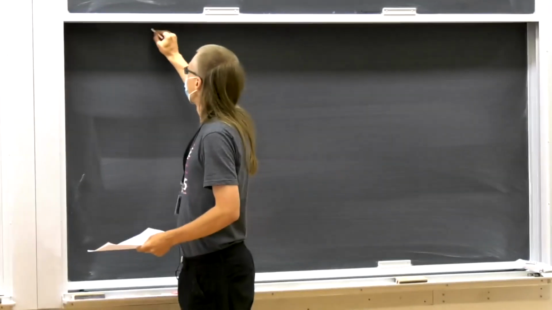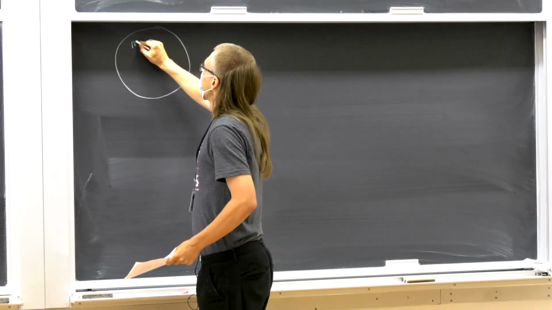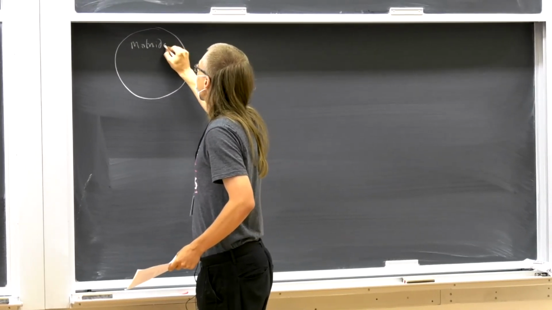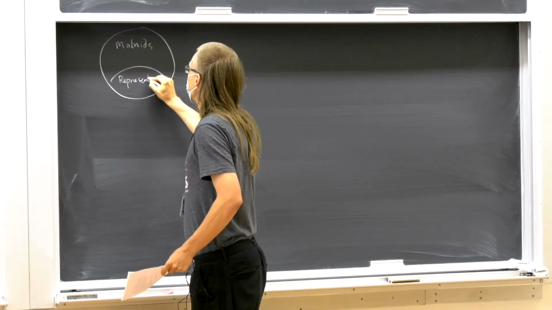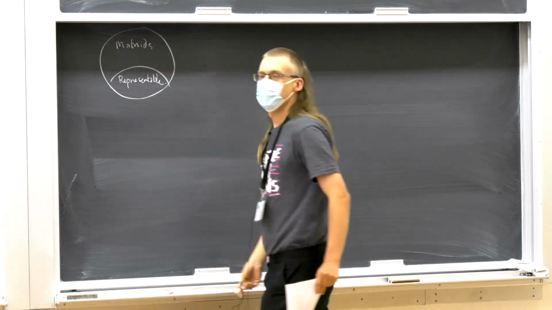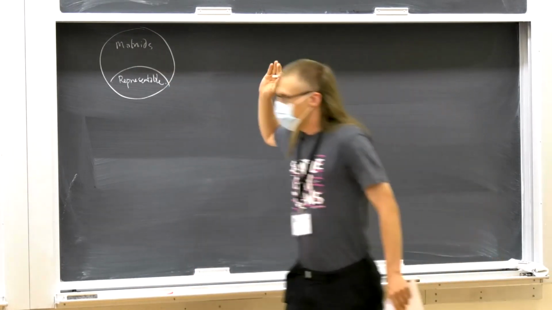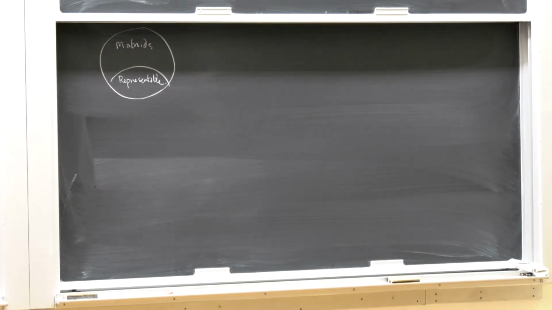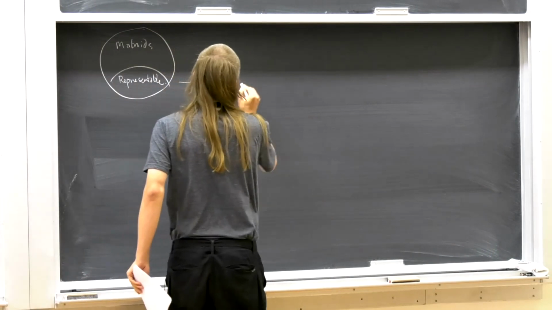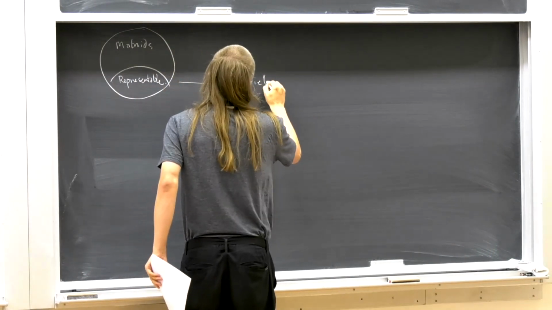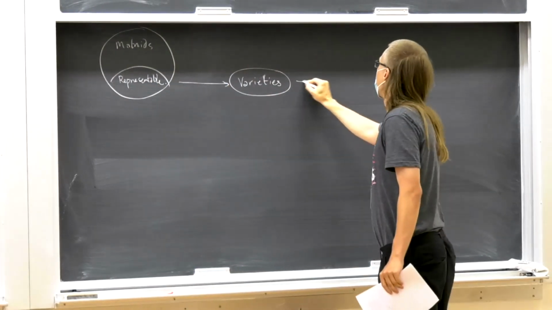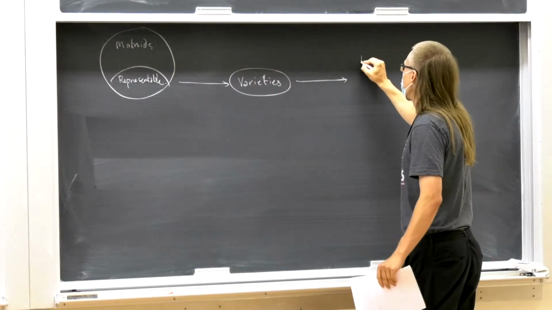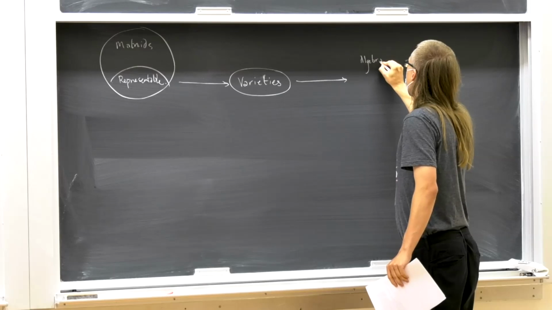So we have, okay, symbolically, the set of all matroids, and we have a smallish set of representable matroids within it. And if a matroid is representable, you have some kind of variety. Maybe it's this one. That or other constructions lets us associate a variety to a matroid, and then from there you can produce some kind of algebraic invariant of your variety.